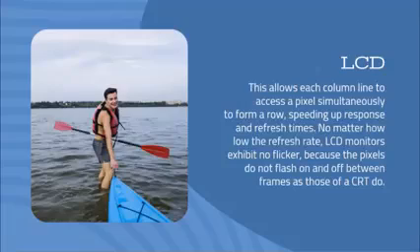This allows each column line to access a pixel simultaneously to form a row, speeding up response and refresh times. So with the use of thin film transistors, each column line can access a pixel simultaneously to form a row, which speeds up the response and refresh times. When we say refresh time, it is the time it takes to reconstruct the next frame.